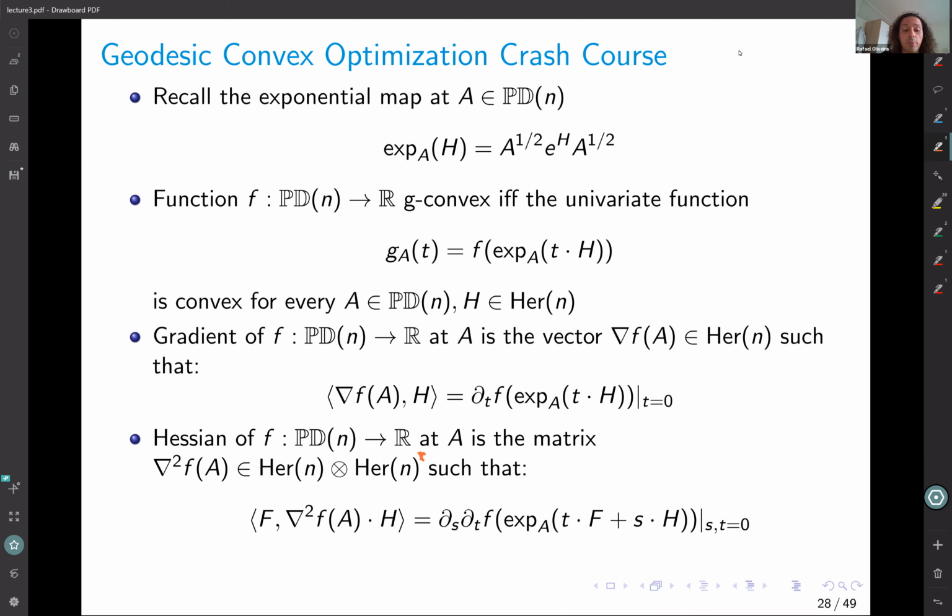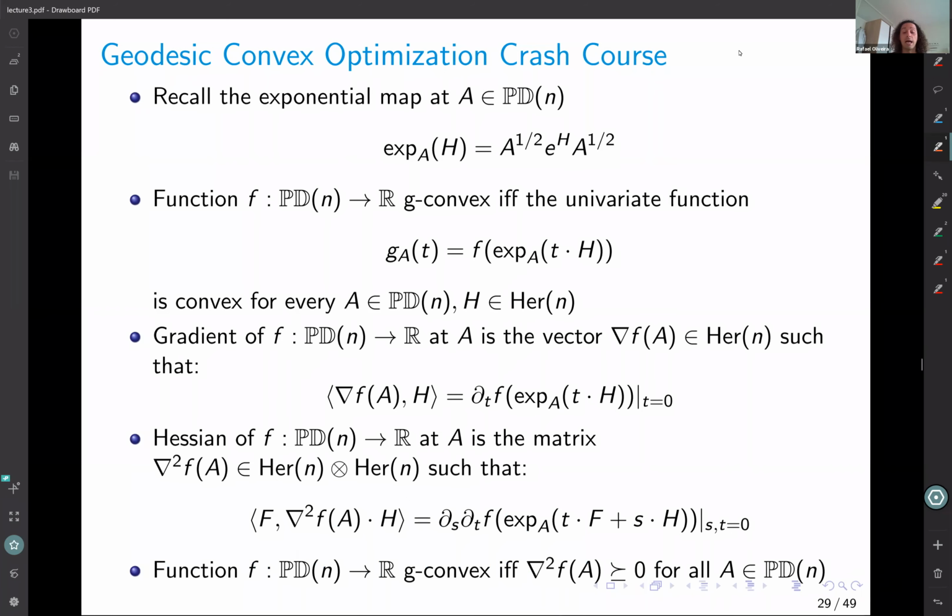Such that when we take two directions F and H, and take the inner product with the Hessian, we get exactly the value of the double directional derivative in the directions F and H. Okay, so this is the same generalization that we had for the usual Euclidean convex case. Okay, so all right, and now what do we say?